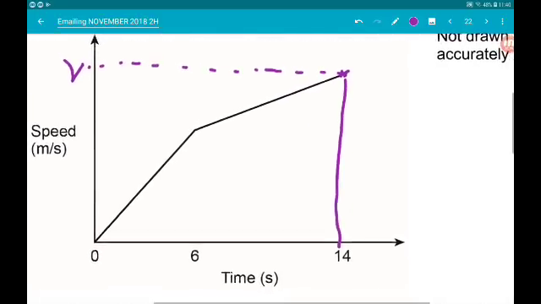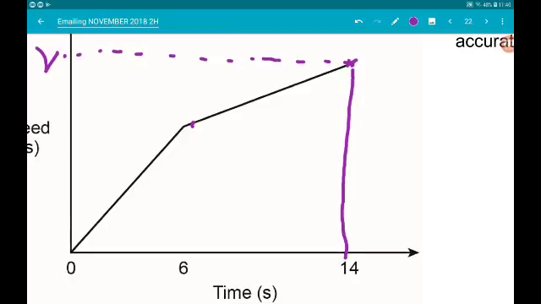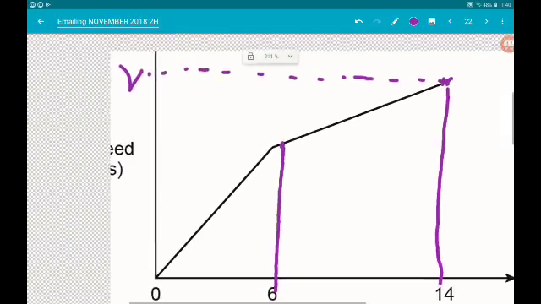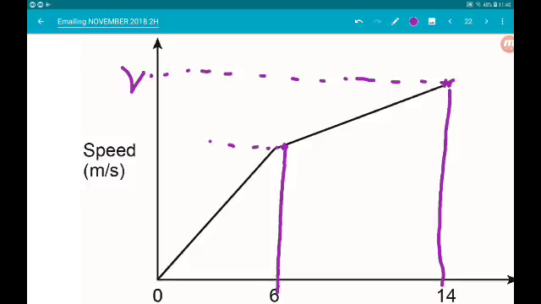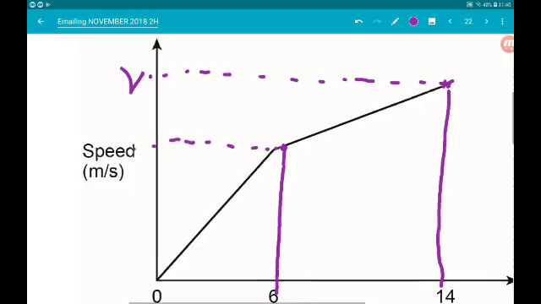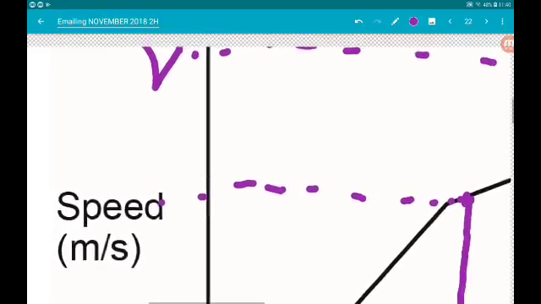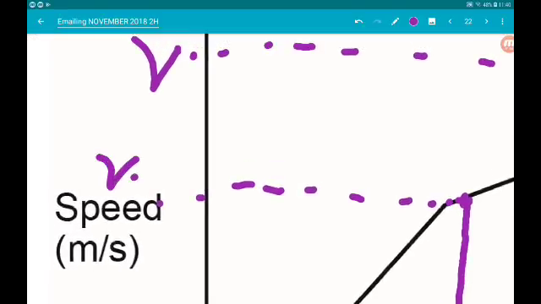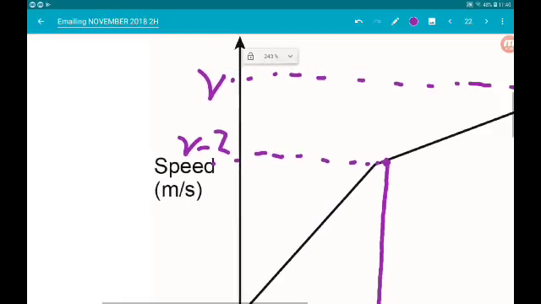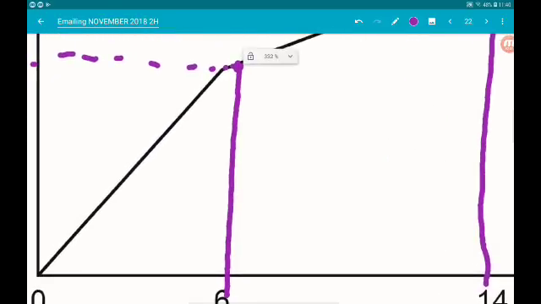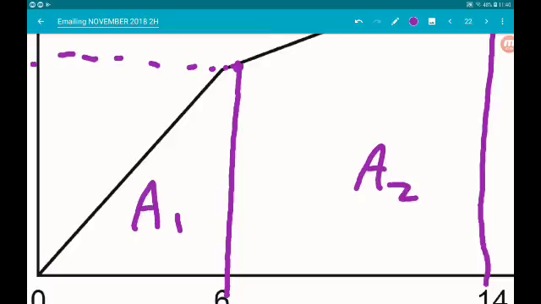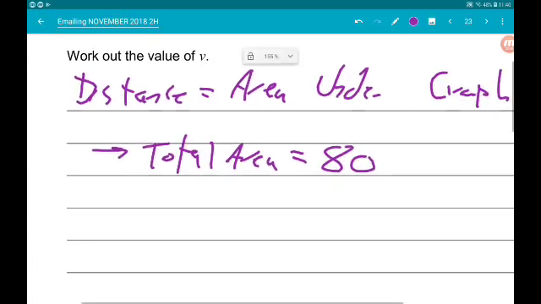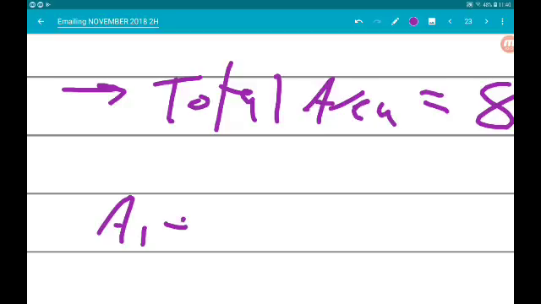So we're going to split the area into two shapes, a triangle and a trapezium. So we know that her speed here is 2 meters per second slower, so that's v minus 2. Now I'm going to call these two regions A1 and A2. So we know that A1 and A2 is equal to 80.